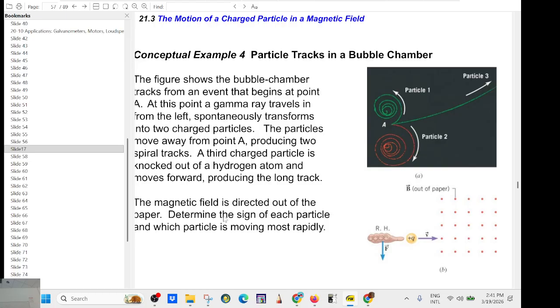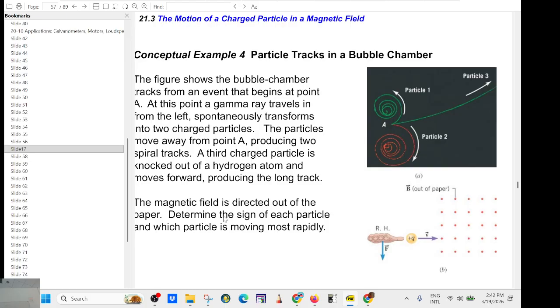So your right hand, green is going this way, and the magnetic field... Oh, okay, let's say it's positive. What will happen? So this is the velocity. Magnetic field is towards you. So the force is down or up? Down. So which one is positive? The red one is positive, so the green one is negative.